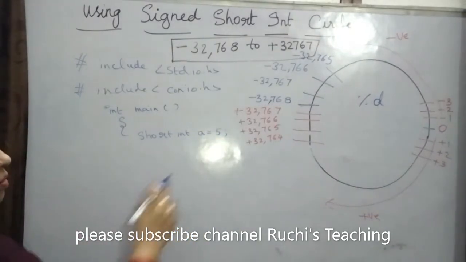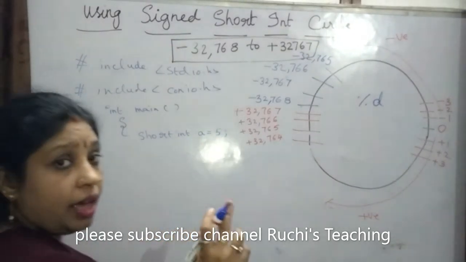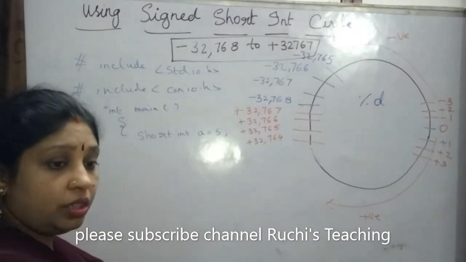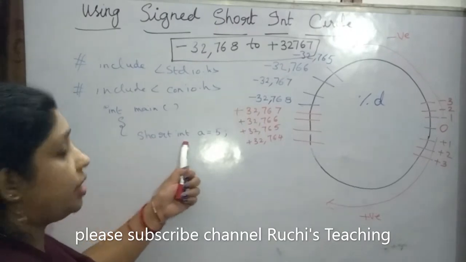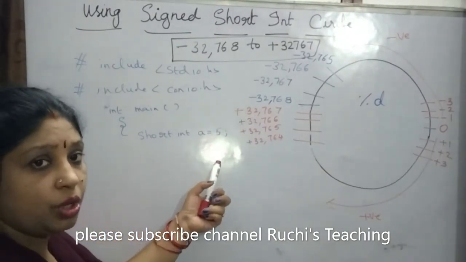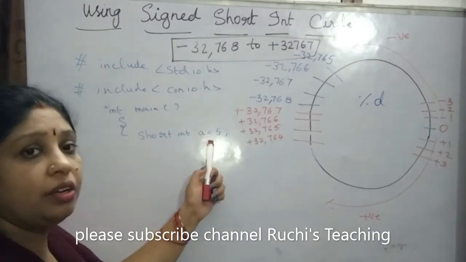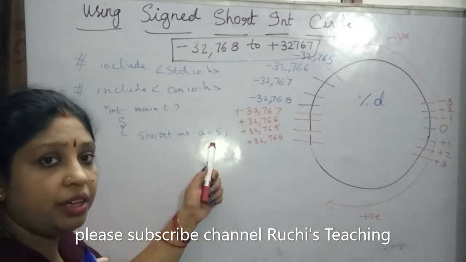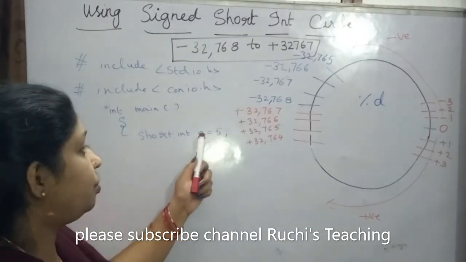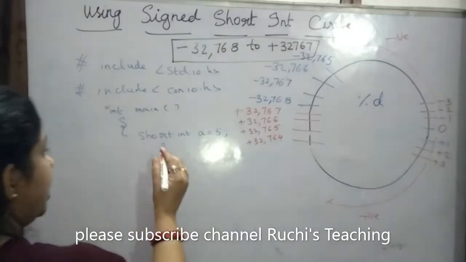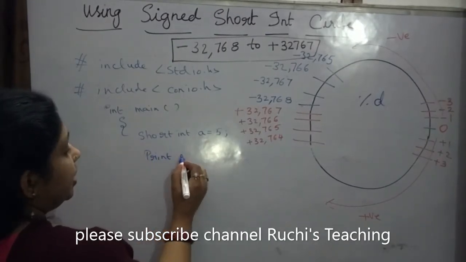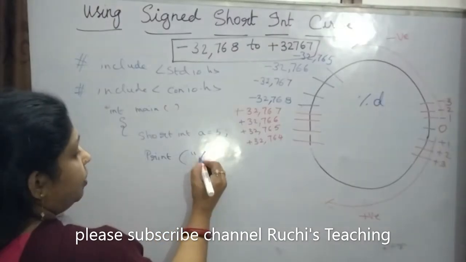That means what I am doing here is declaring a variable a with a data type called short int, which accepts positive and negative values, and I am assigning the value plus 5 to a. Now after this I will print that value.